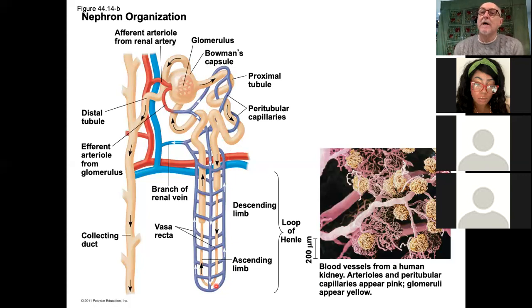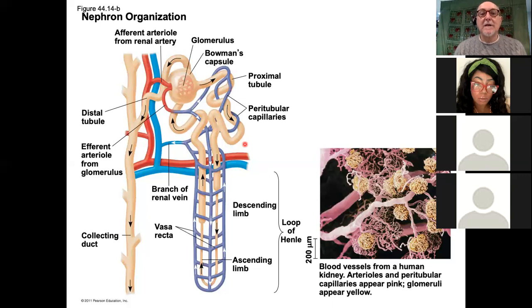It allows water to pass very freely out of it. This ascending limb here is impervious to water. It's still semi-permeable, but it allows ions to pass across it, but it does not allow water to pass across it. And this has important consequences.